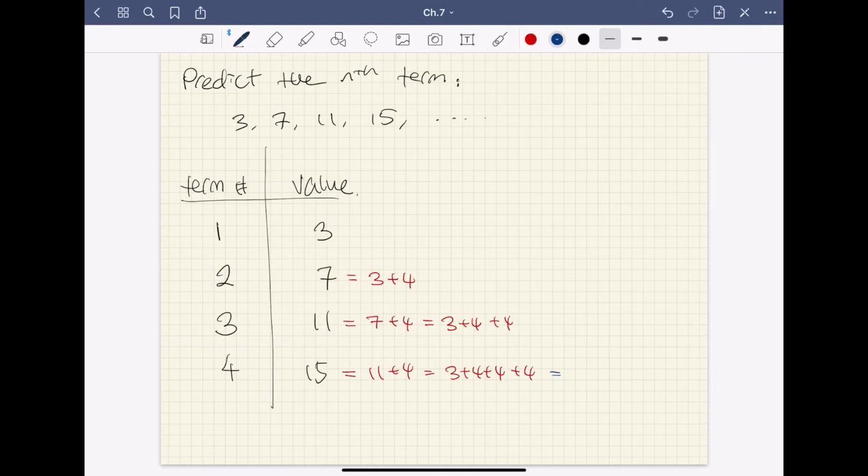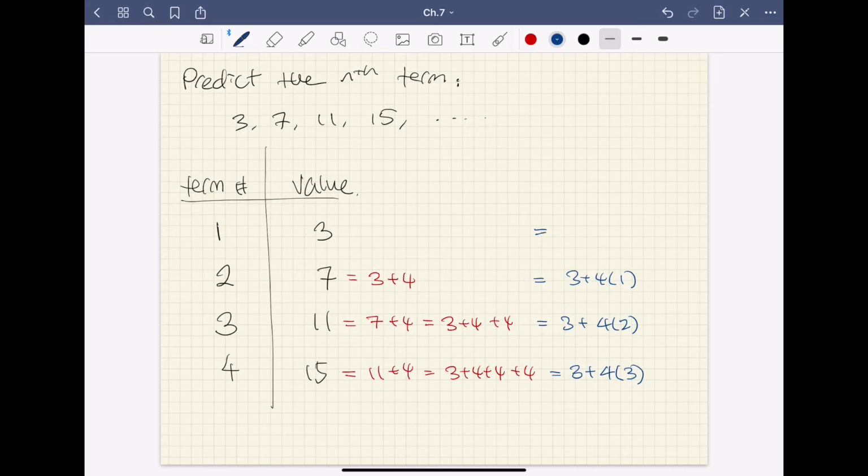If we make it shorter, if we change adding to multiplying, then 15 is equal to 3 plus 4 times 3. And 11 is equal to 3 plus 4 times 2. 7 is equal to 3 plus 4 times 1 because there is only one 4.